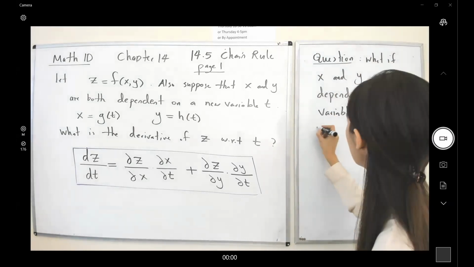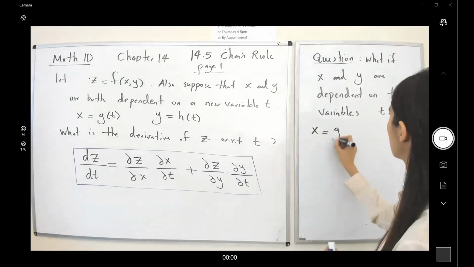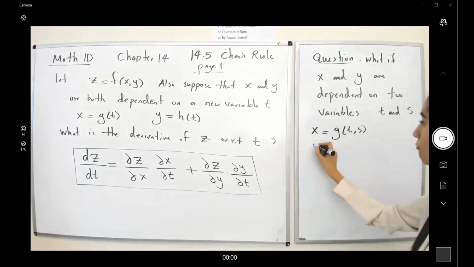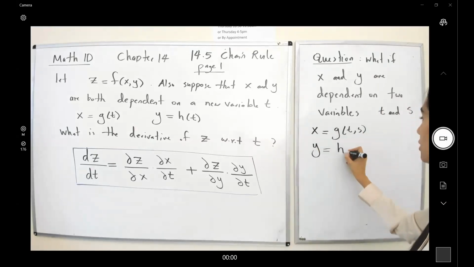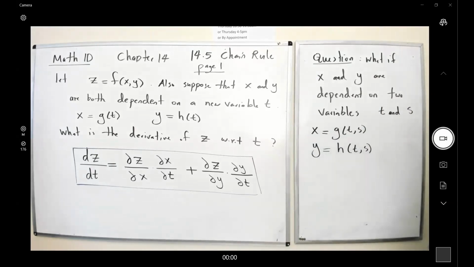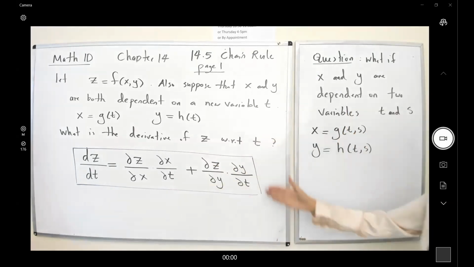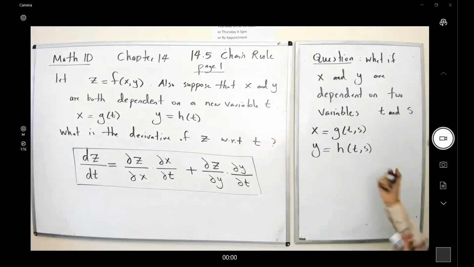So suppose your x is g of t and s, and y is h of t comma s. What would be the derivative of the function with respect to t, and what would be the derivative of the function with respect to s? So instead of having just one derivative, we're going to have two derivatives, one with respect to t and the other one with respect to s.